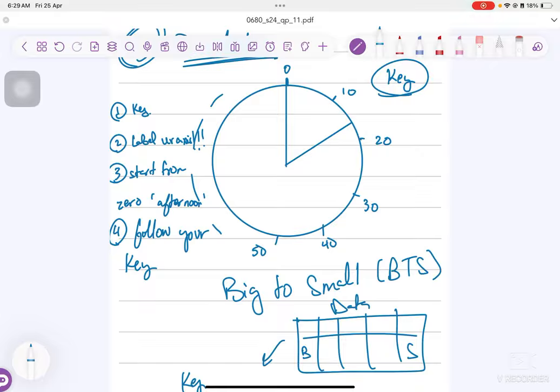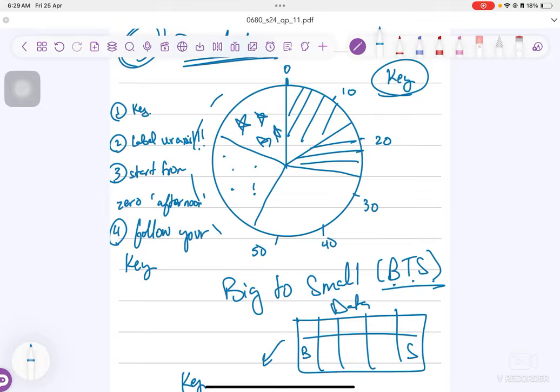It's easier to remember it that way, okay? So you go BTS, from big to small. After you're done, you follow your key. Let's say you started like this, then it goes like this, then it goes empty, then it goes dotted, then you do stars, you do hearts, you do whatever you want to do, just make it distinctive, okay?